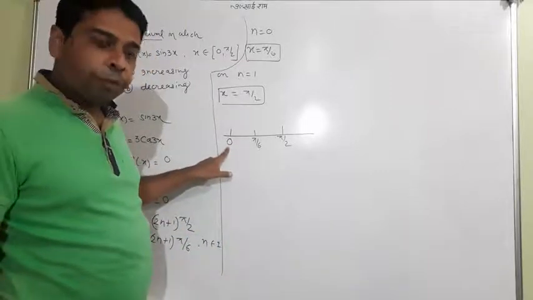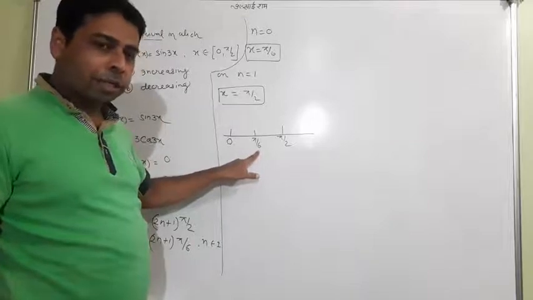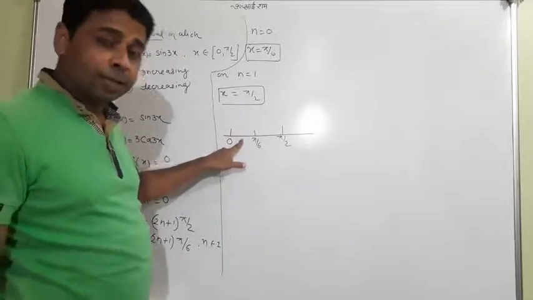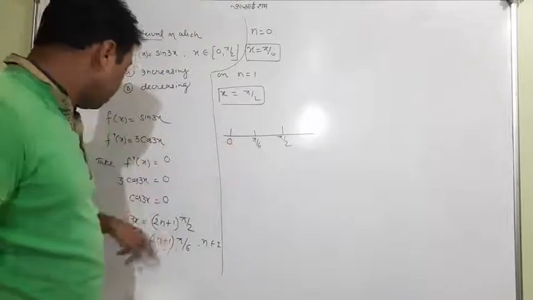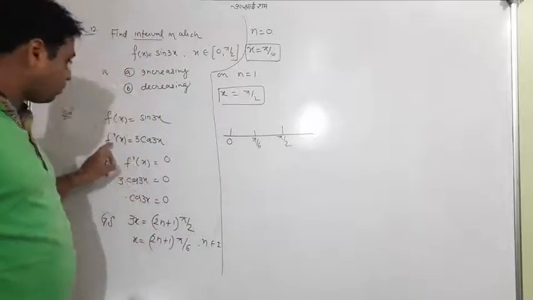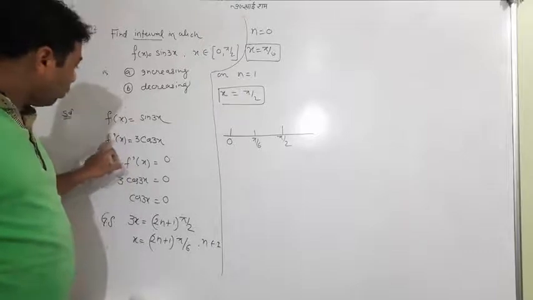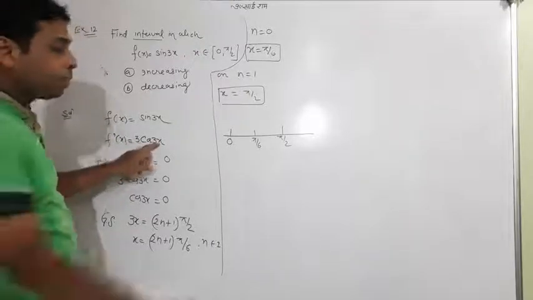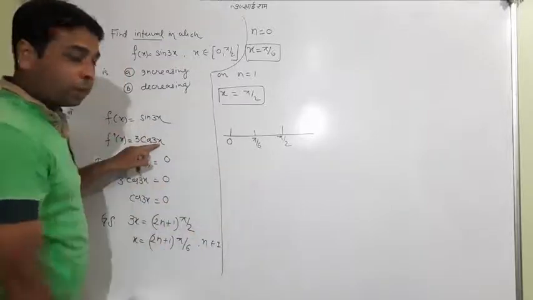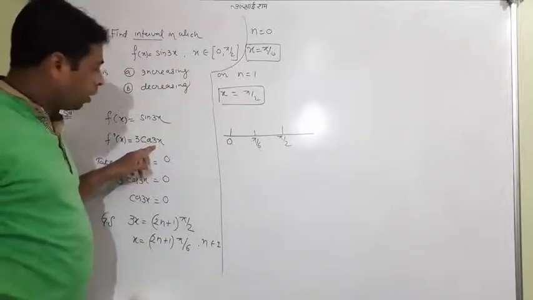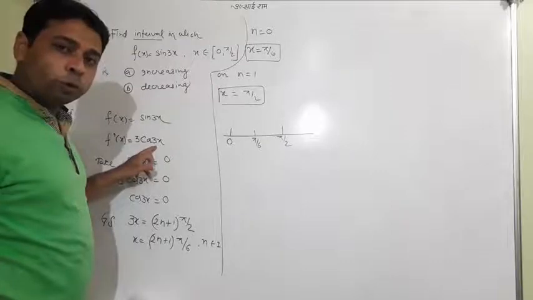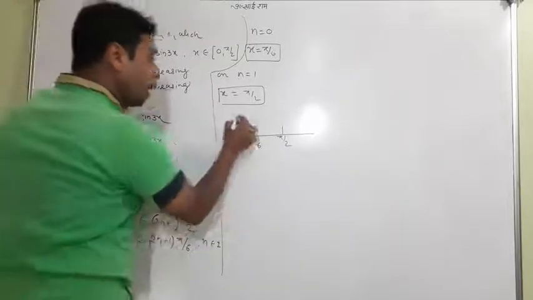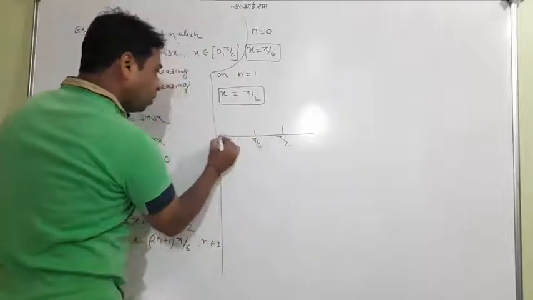So 0, it is 30. Between them, we just want to take any value like 15 degrees. So put 15 degrees in f dash x. f dash x is equal to 3 cos (3 into 15). 15 is the angle between these. So 15 threes are 45, and cos 45 is 1 by root 2. So 3 by root 2, meaning it is positive. So we have got that, suppose it is 0.